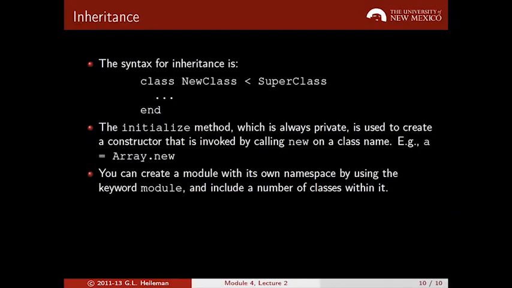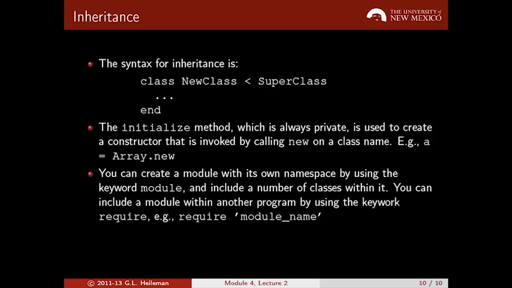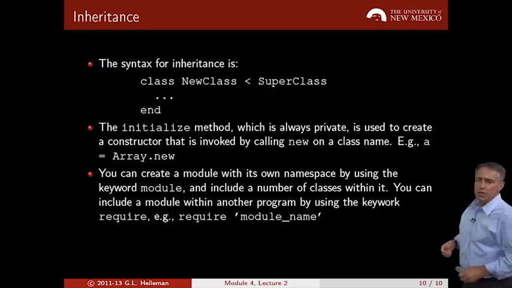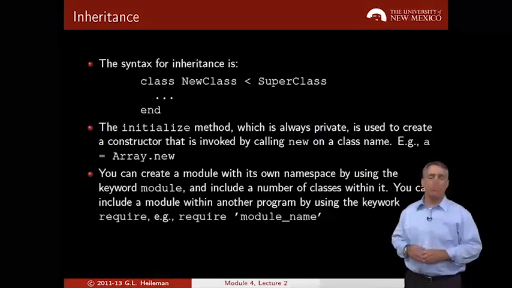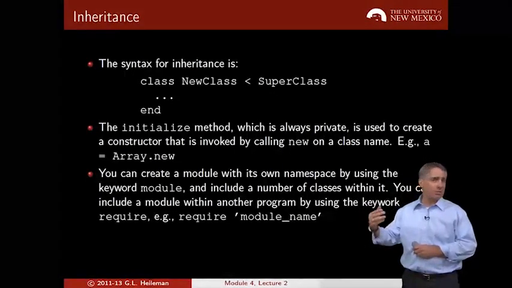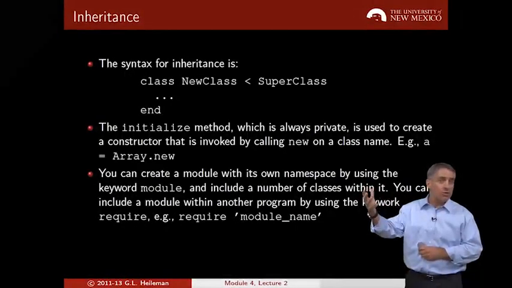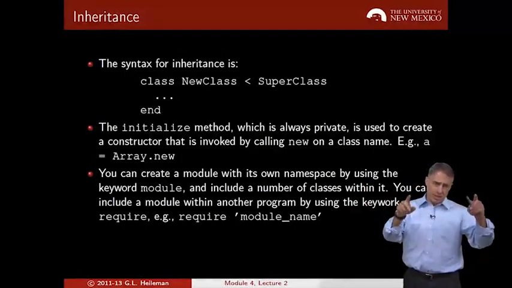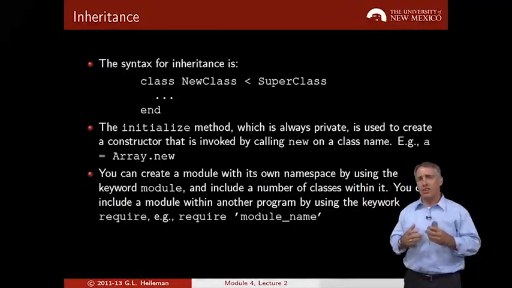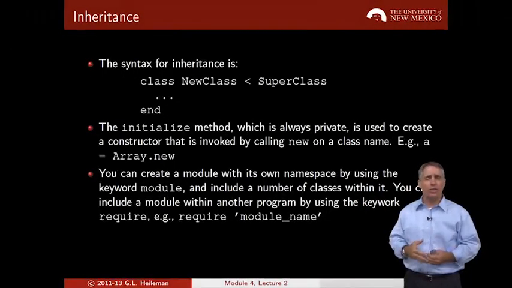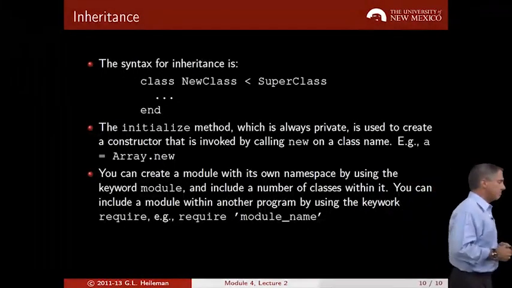This is how you can put a whole bunch of classes together, create a module, and then include that module in other Ruby applications. In order to include that module, you use the keyword require. You would say require, and typically this is placed at the top of a Ruby file. Require, in single quotes, the name of the module you'd like to include, and that's all there is to it.